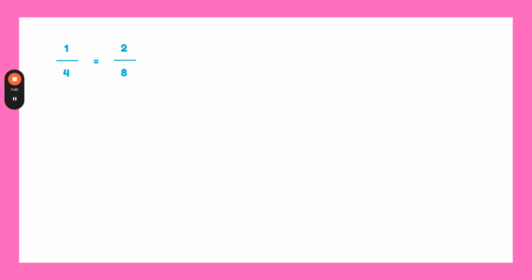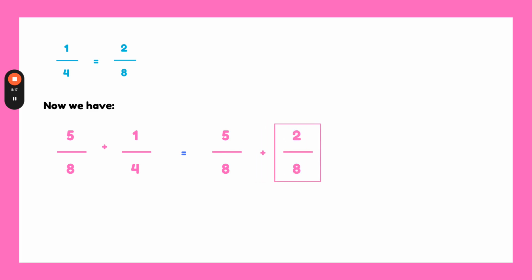So we know from our last slide that 1/4 is equal to 2/8. So if we now look at our sum of 5/8 plus 1/4, we have 5/8 plus 1/4, which actually could be written as 5/8 plus 2/8.